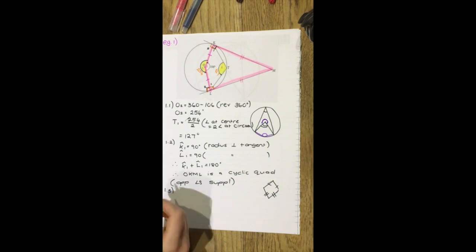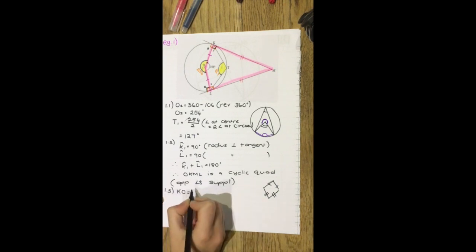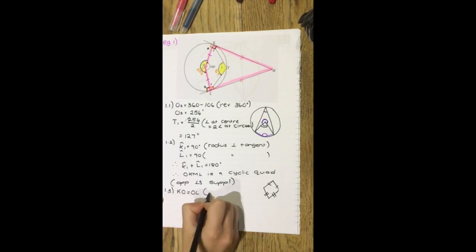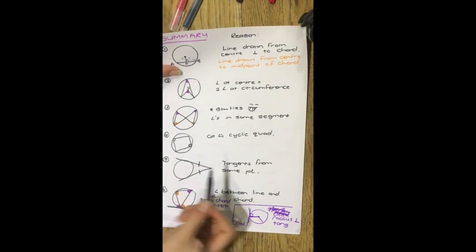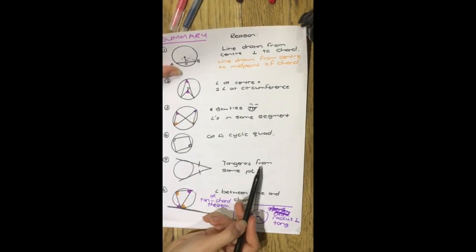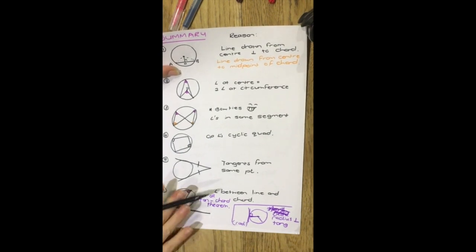Okay, so I'm going to go right ahead and say KO is equal to OL because radii. Remember radii. Then I'm going to say KM is equal to LM. Just to remind yourself of that theorem, I wrote our reason here: tangents from same point. Do you see how useful this page is?